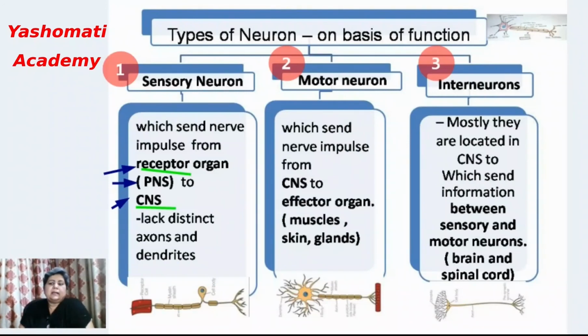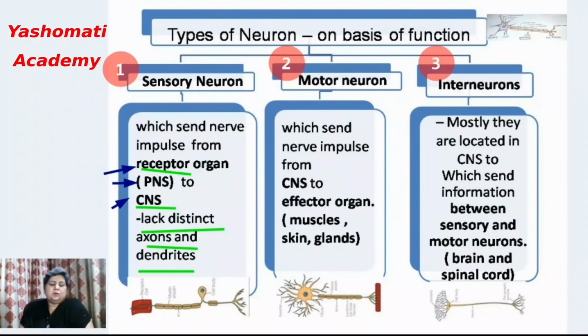Now, another characteristic present in their structure is that they lack a distinct axon and dendrite. So, their structure is such that both ends seem to be similar in function. If you look at the picture given at the bottom, here you can see a sensory neuron.